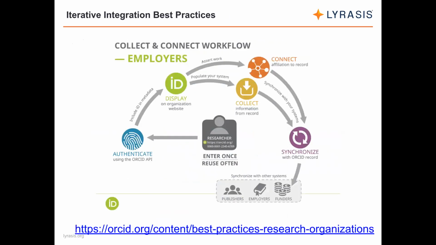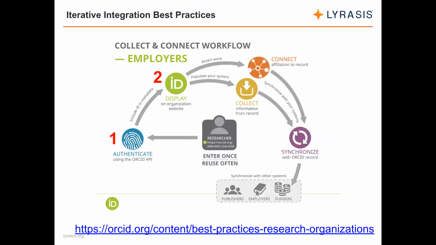Best practices for technical integration include following the 5 iterative steps laid out here. At first, you'll want to focus on configuring your system to use OAuth 2.0 to ask researchers for permission to connect with their records. Then you'll want to incorporate the display of ORCID IDs in the user interface of your system using the green ID icon.